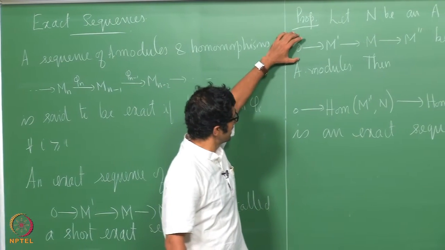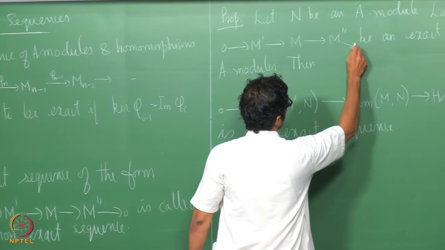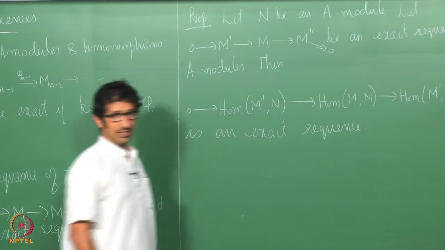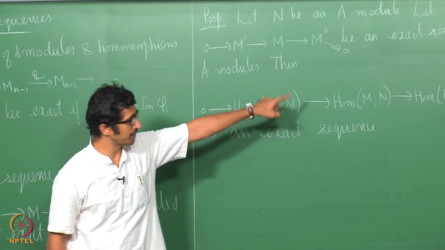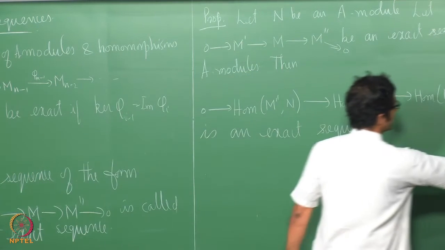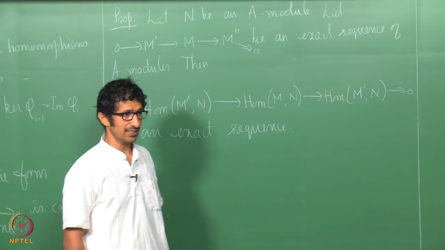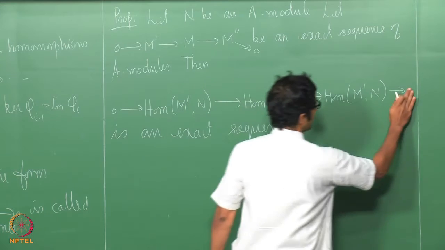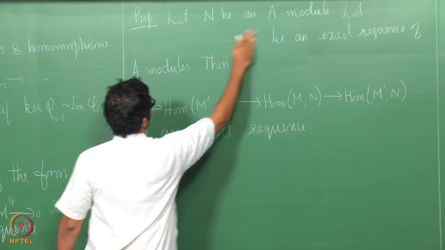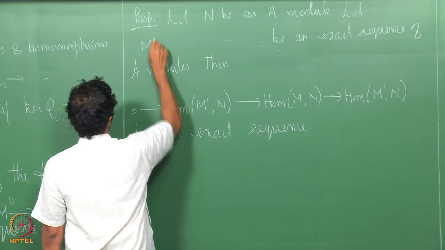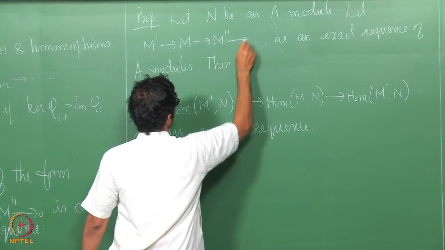See here, even if I have a short exact sequence, when you apply Hom there, you need not necessarily have a short exact sequence. But I am looking at exact sequence of the form M prime to M to M double prime to 0.